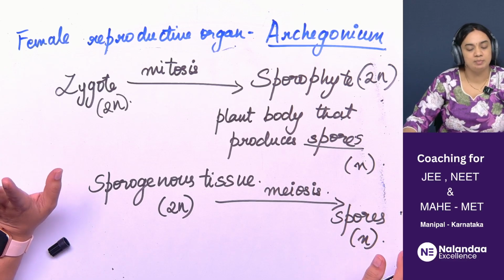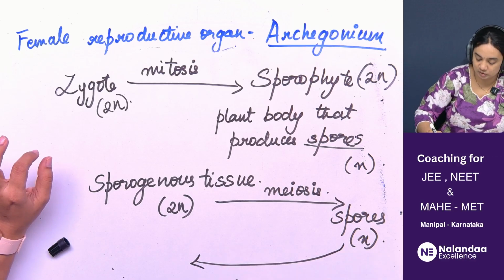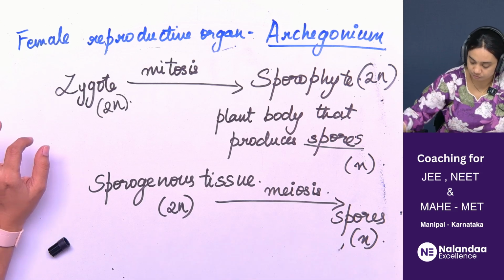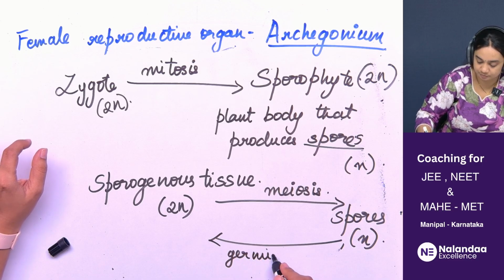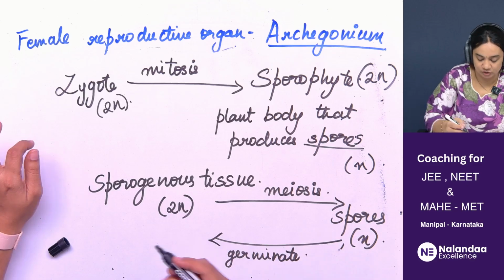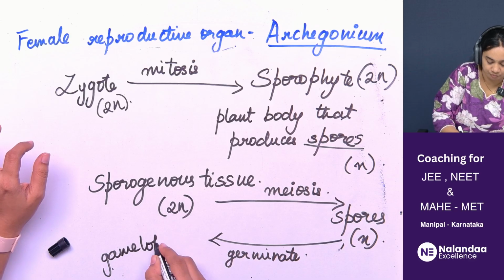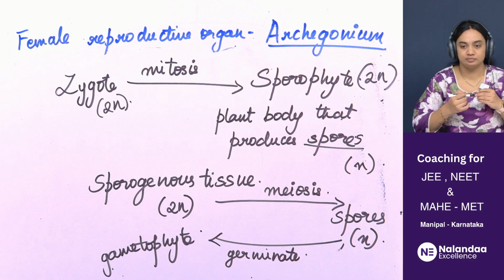Clear? It will produce spores that are haploid, and these spores get released and germinate to produce the gametophyte back. Is this clear?